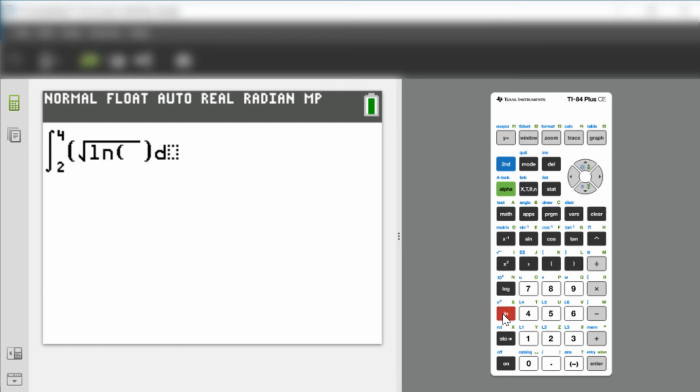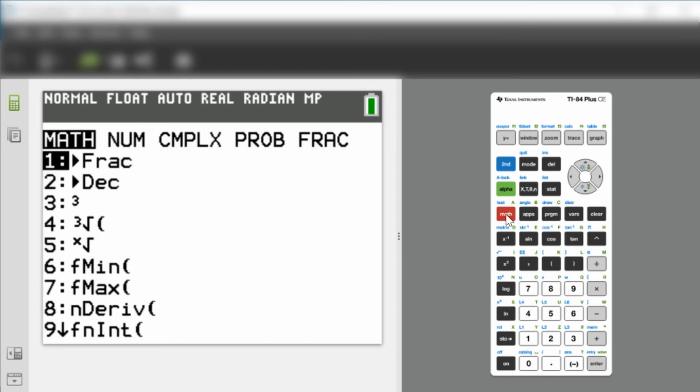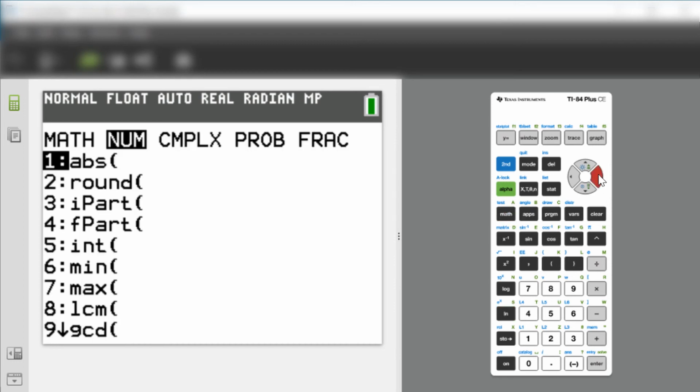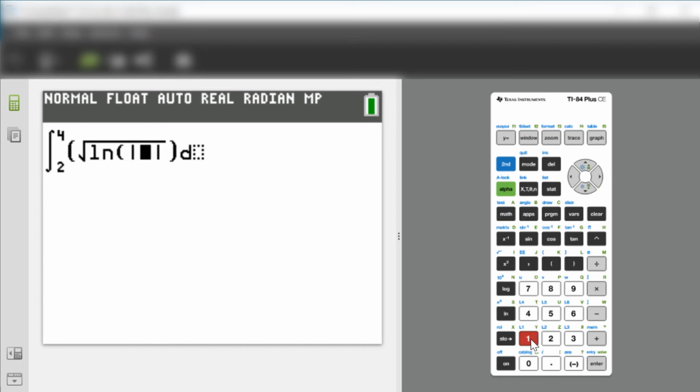We want the ln of. We have to go to Math, scroll right, and then pick the absolute value option, and that's x. Make sure you go to the right enough to get out from under the square root. Then we'll do minus. We need the e, so second ln will give you e to the power of. Remember the negative. Then we've got x squared.